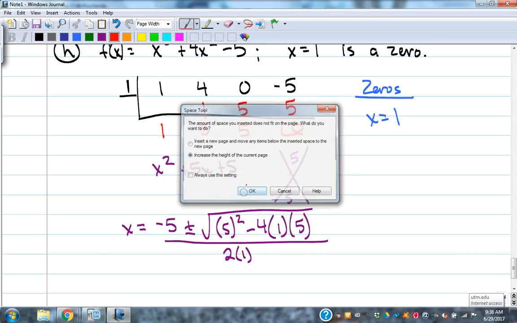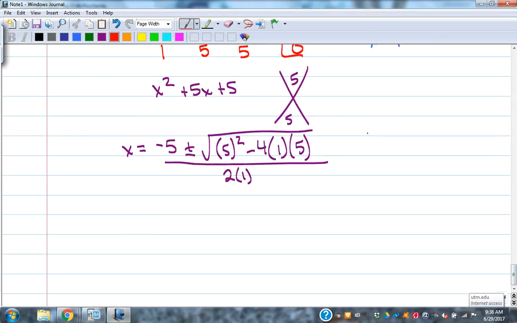So I'm going to work that discriminant underneath the square root there. 25 minus 20 is 5. So I end up with negative 5 plus or minus the square root of 5 over 2. Well, the square root of 5 doesn't simplify any. So I'm done with that part.